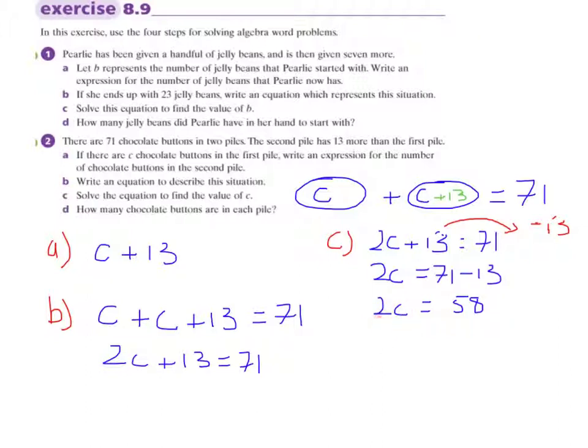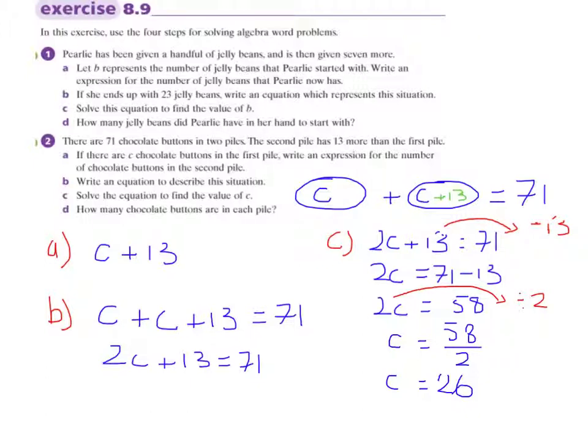This is 2 times C, so what do I do when I take this over to this side? It was a times 2, so it becomes a divide by 2. C equals 58 divided by 2. Remember we put it underneath because that's our divide. And 58 divided by 2 is 26.